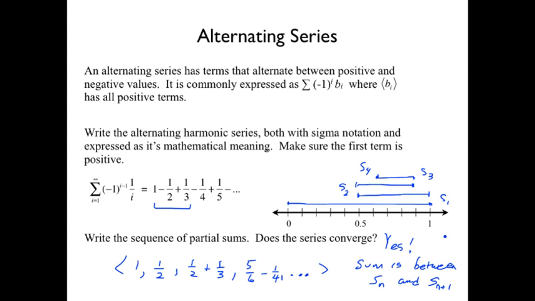It's also between S3 and S4. So take any partial sum and the next one, and where it's converging to has to be between those two. So if we had a really large partial sum, and then the next one, then we'd have a really good idea of where it's converging to, because it'd be somewhere in between those two.